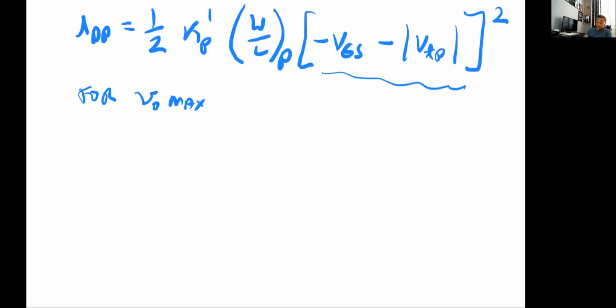So then I can solve this equation. Remember that this IDP is the maximum current IL max, but we have to find VO max. So I'm going to replace IDP, which is the same as VO max over RL.